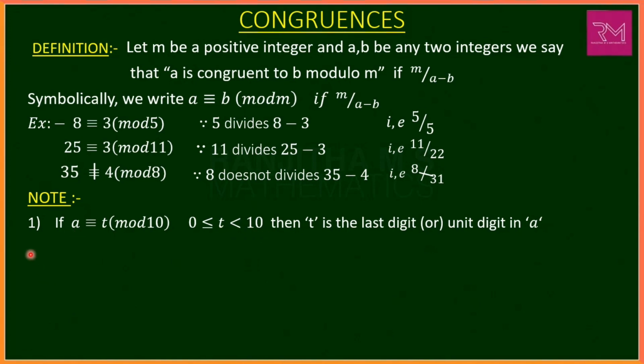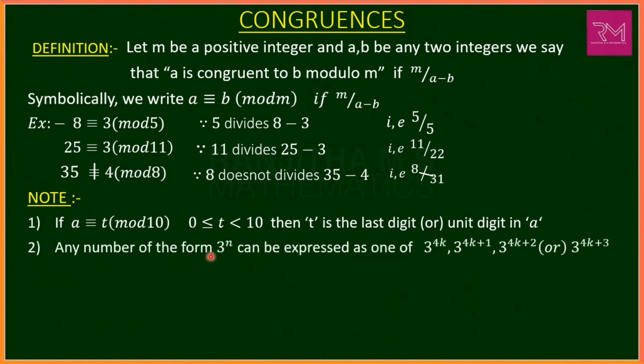Using this condition, we can take a second note: any number of the form 3 power n can be expressed in one of the forms 3 power 4k, 3 power 4k plus 1, 3 power 4k plus 2, or 3 power 4k plus 3. In examinations they will ask to find the last digit or unit digit of 3 power some value, where n may be anything, such as 3 power 15, 3 power 16, 3 power 20, 3 power 400, or 3 power 700.